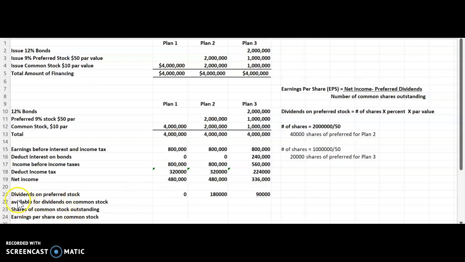Okay, now we need to calculate available for dividends on common stock, and what this means is net income available for dividends on common stock. Let me fix this. So the way we will calculate that is we will take your net income, subtract out your dividends on preferred, and this is the net income available for common stock.